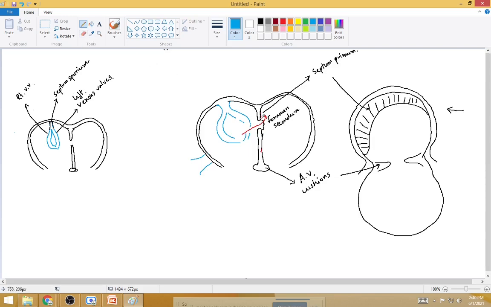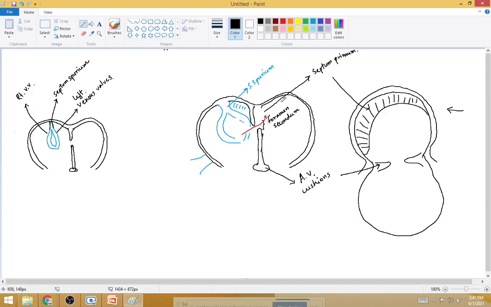Okay, so ultimately what happens? What was this septum? This was the septum spurium. This septum spurium ultimately comes nearer and nearer. And while it happens, there is another septum which is being formed here, and this septum is known as the septum secundum.